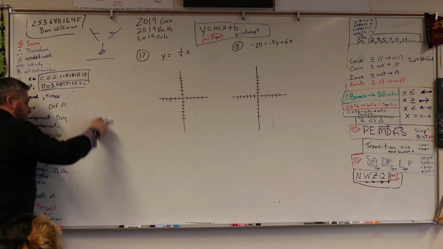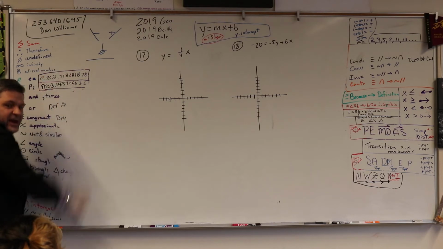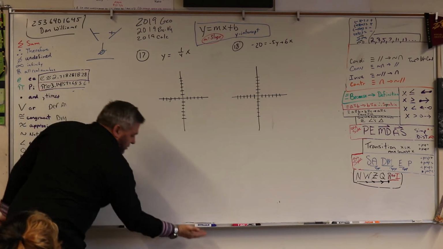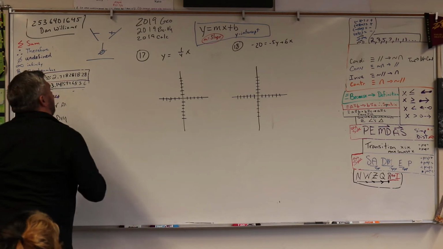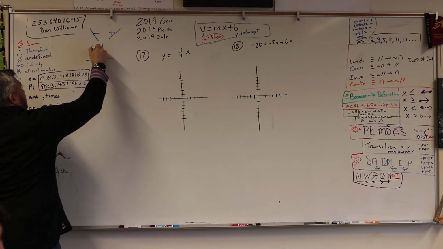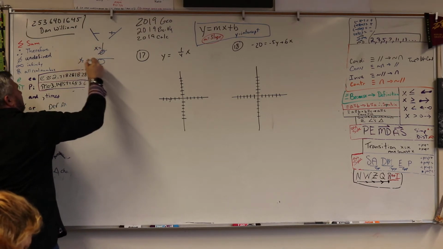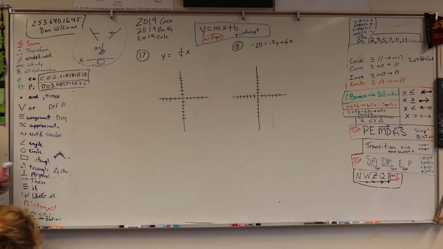No slope means it can't hold it. No slope means it will go forever. Zero slope. Okay? Zero slope. This is when x equals a number. This is when y equals. And there's your face. Okay?